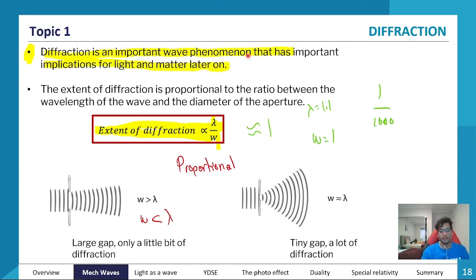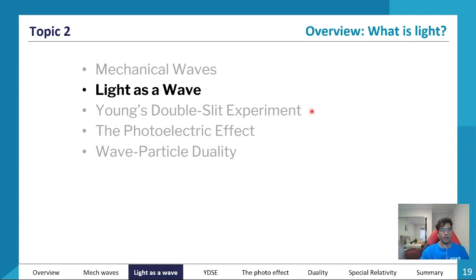So in other words, all waves can be diffracted, right? I want you to keep that in the back of your mind. So if you're making notes, just keep this in the back of your mind for a second, because it's going to be very important for the next topic, which is light as a wave.